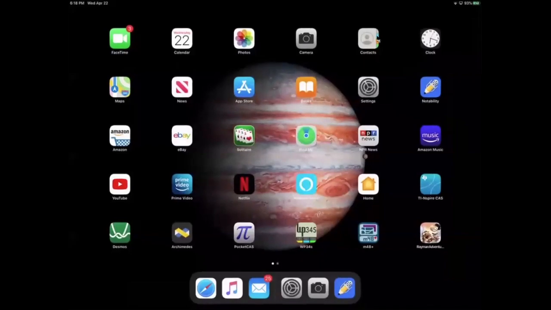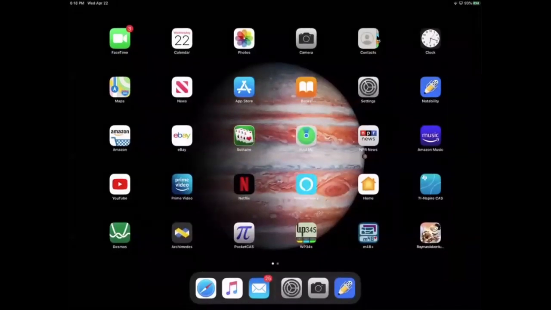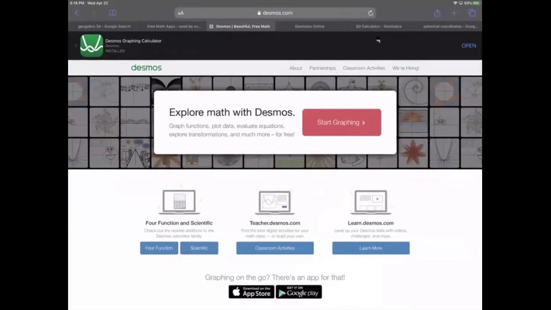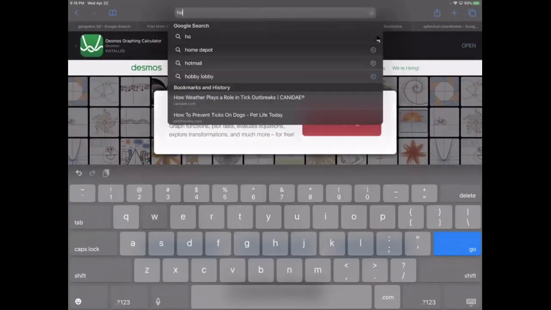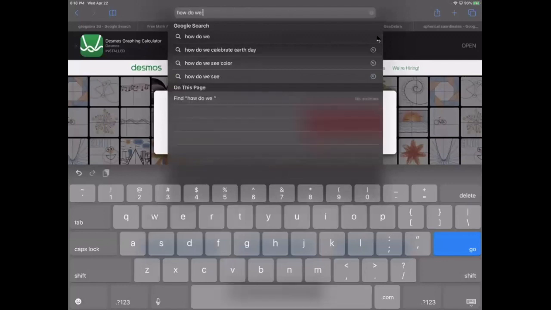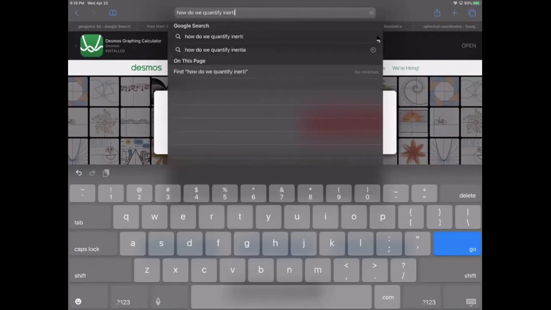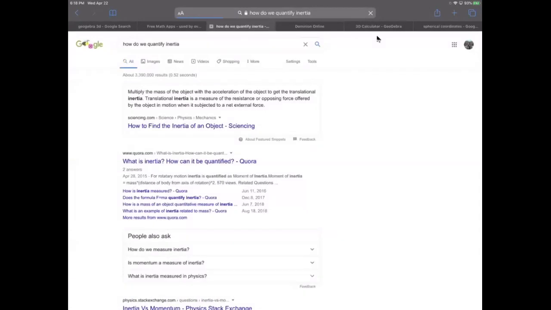I know what inertia is, sort of the reluctance of an object to move or to be stopped. So how do we quantify inertia? Objects with inertia don't like to be moved. But once they're moving, they don't like to be stopped, right? That's what inertia is. How do you quantify inertia?